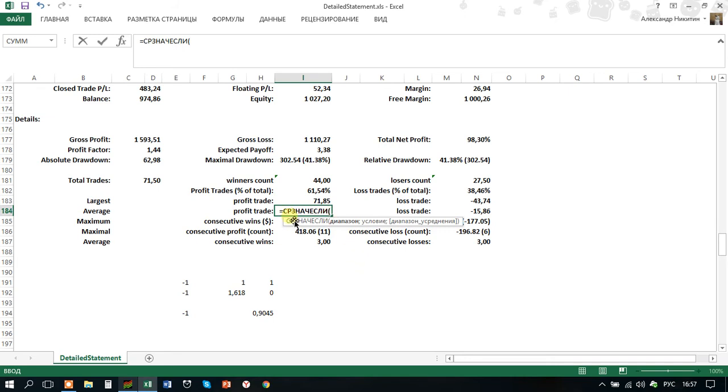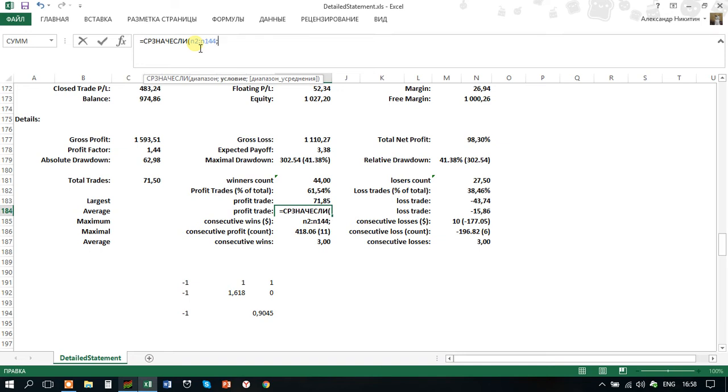Okay, but this time it should be average if. This means average if. The range, we know the range, yes? So the range is 92 towards N144. So N2 towards N44.